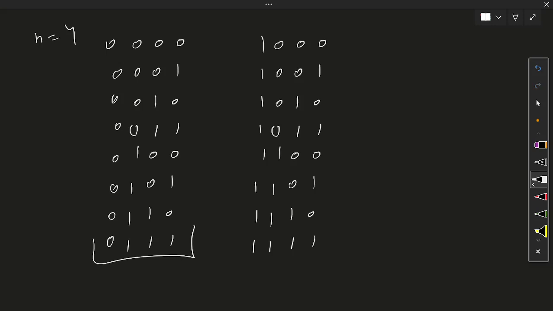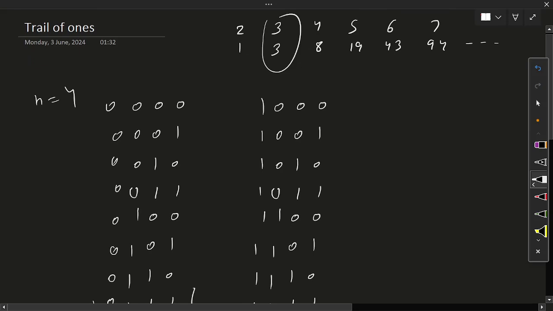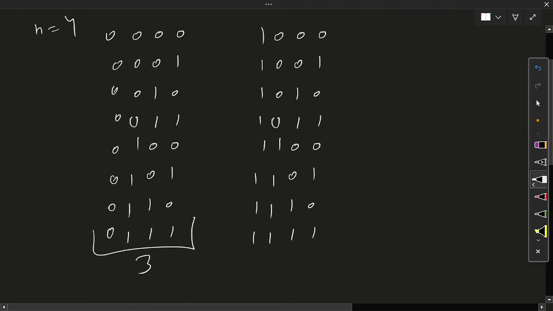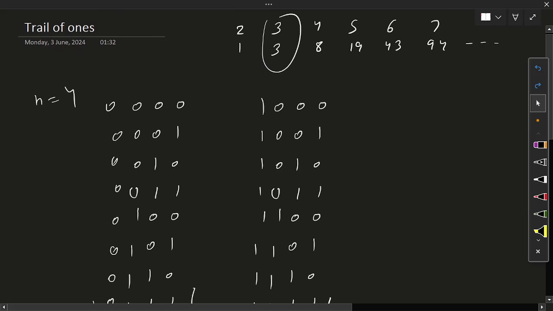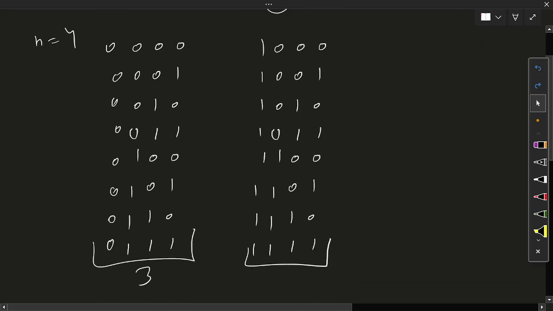This is a set of 3, and in the set of 3 we have the answer as 3. And this is also a set of 3, but I have written 1 in front of them. So just check how many extra consecutive ones there are. As you can see, 1, 2, 3, 4, and here 5.